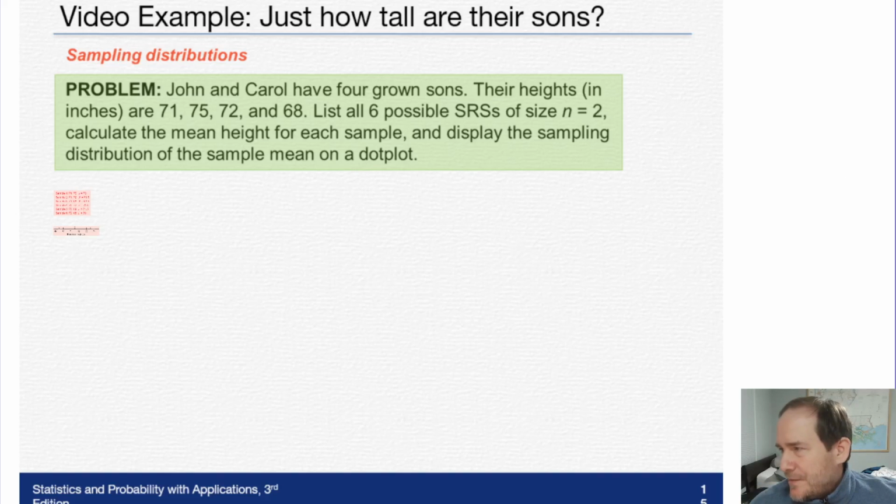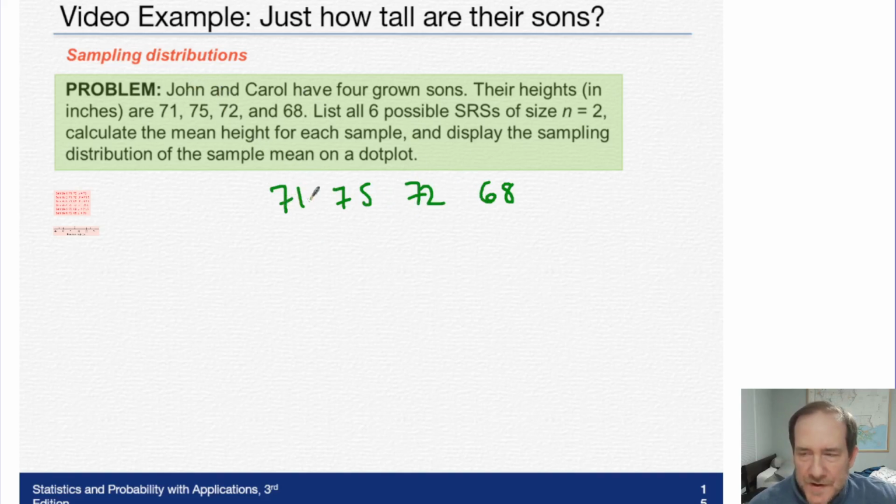So this is an example of a very, very small population. The population would be John and Carol's 4 sons, and they had the heights of 71, 75, 72, and 68. So imagine now if I wanted to know what's the average height among this population.